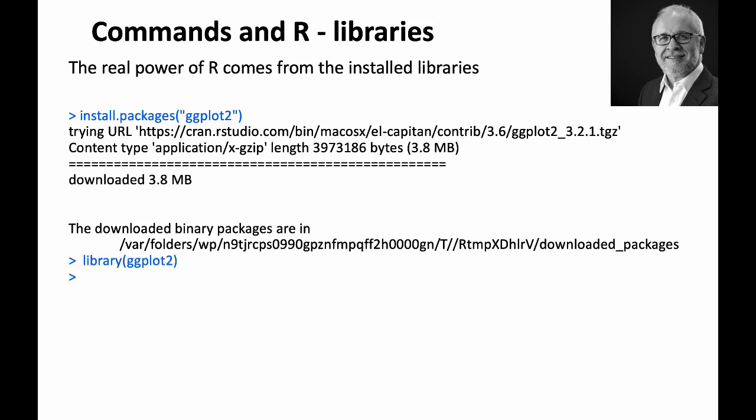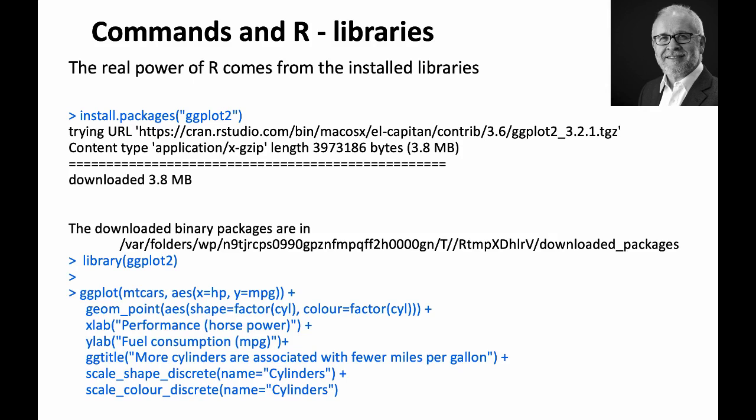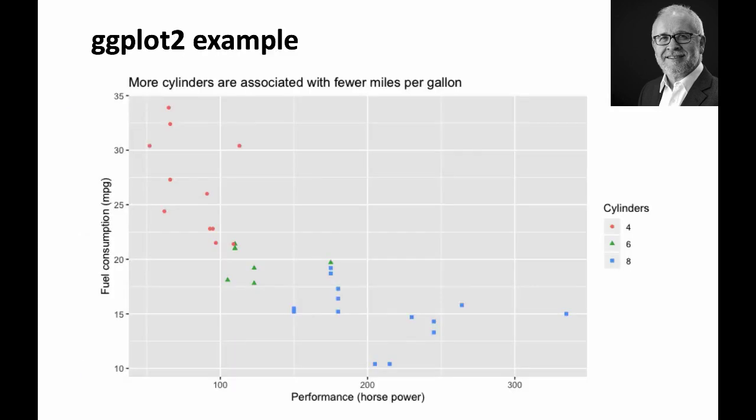Then we have to load it. Installing it doesn't load it, it makes it available. So library(ggplot2) loads it into memory, and then here is a single command. It's quite a complicated command. You can see at the top that it starts with mtcars. A lot of the rest of this is to do with naming the axes and naming the variables. And it produces this, and you can see why this is so powerful for understanding the data.